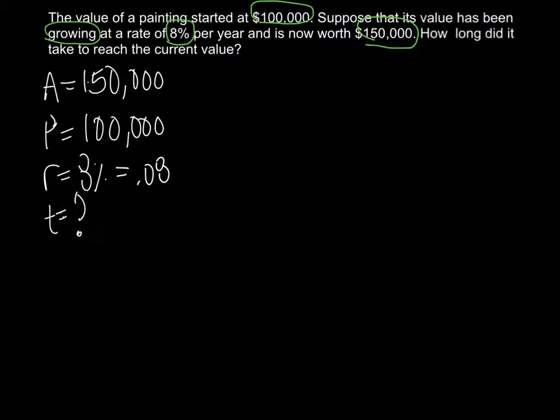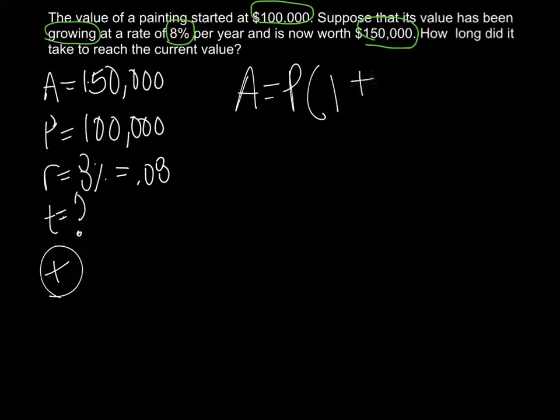We know that by this word growing, we're going to use a plus sign in my formula. My formula will always be A equals P times 1 plus or minus R to the T power. But for this example, because I'm using the plus sign, I want to only use the plus in the problem.